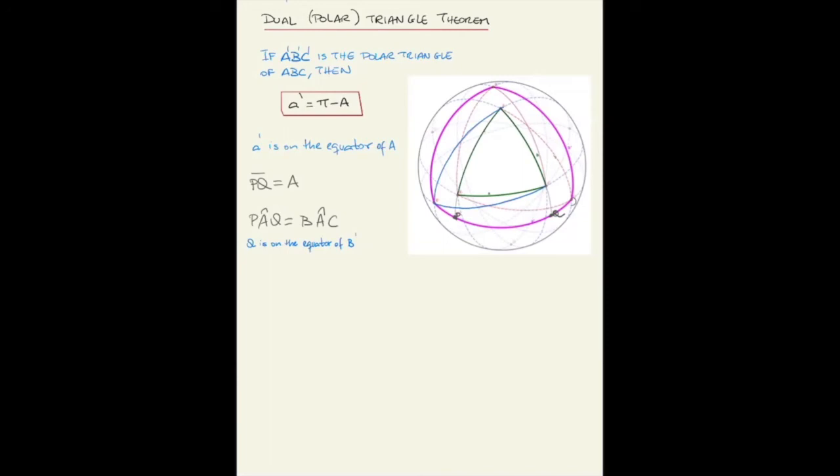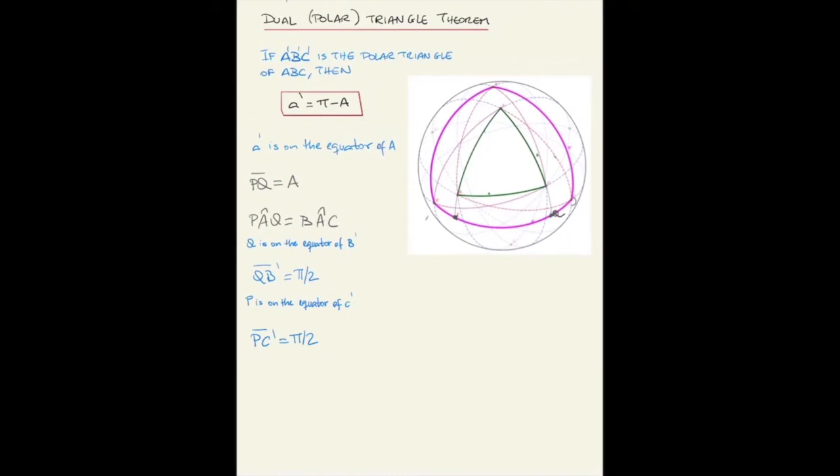So B prime is the pole of A and C, and Q is the prolongation of A and C. So Q must lie on the equator of B prime. So if Q is on the equator of B prime, then the arc QB prime must be equal to pi over 2. Now P, by the same token, is on the equator of C prime. So if P is on the equator of C prime, then PC prime is also equal to pi over 2.